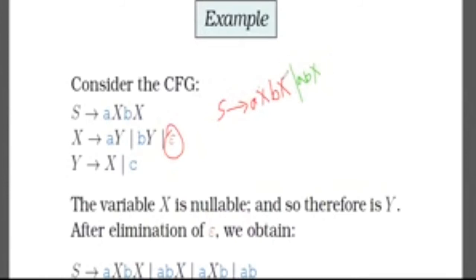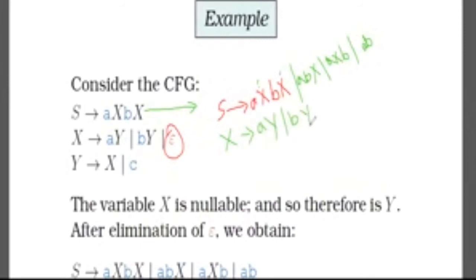Similarly, if you take the second x as epsilon, it will be AxB. Similarly, if you take both the first and next x as epsilon, you'll get only AB. These are the possibilities you get, that is equivalent for your first production. Okay. In the second production, you have x tends to AY, right? And you have x tends to BY.